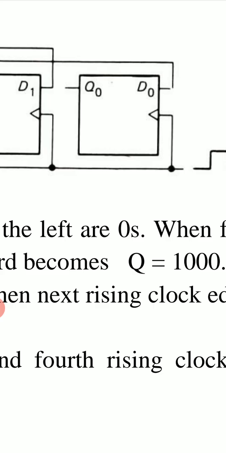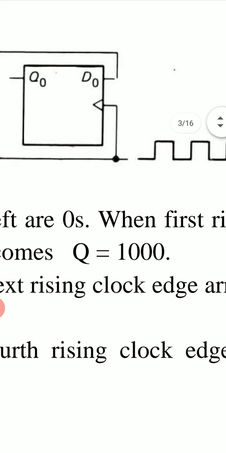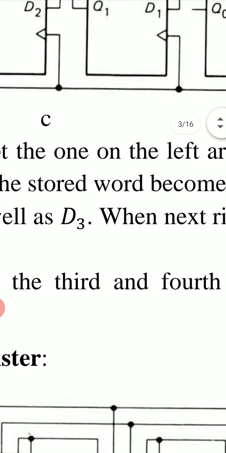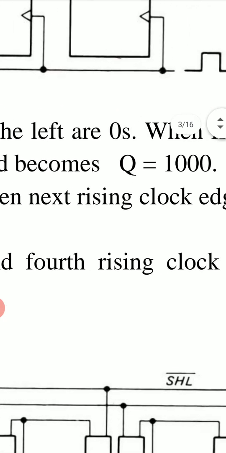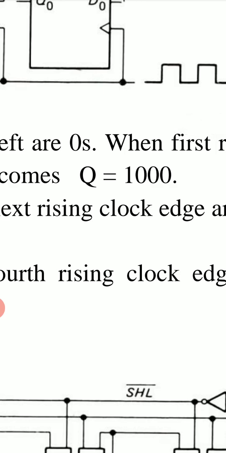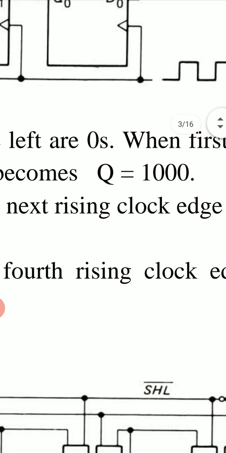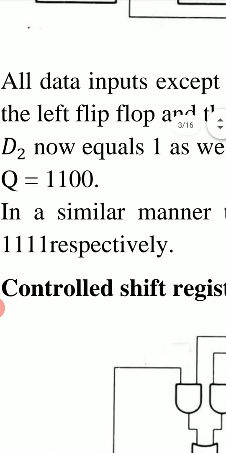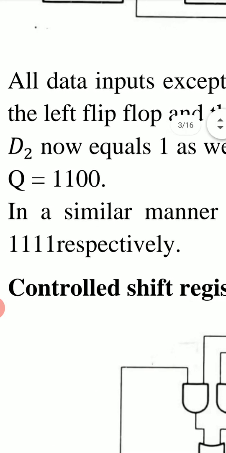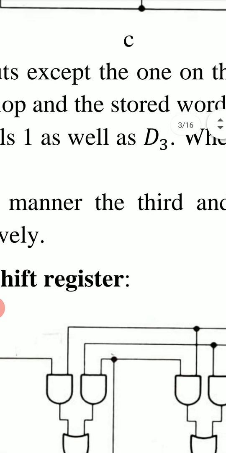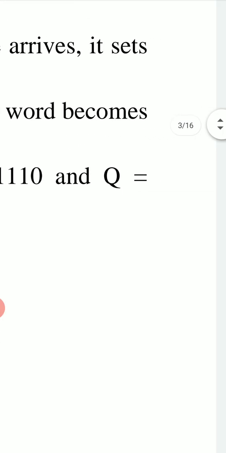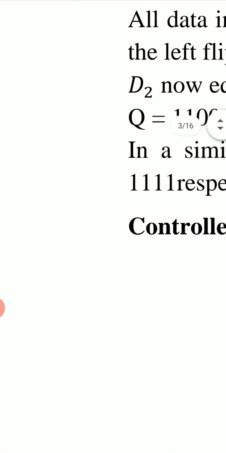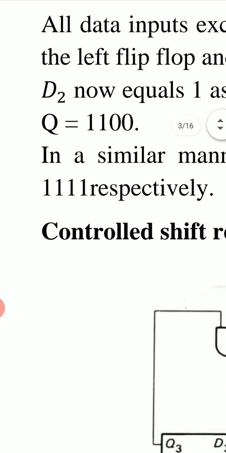In this way, the rising clock edges will produce the words starting from 0, 0, 0, 0 to 1, 0, 0, 0, then 1, 1, 0, 0, then 1, 1, 1, 0, and then at last 1, 1, 1, 1.